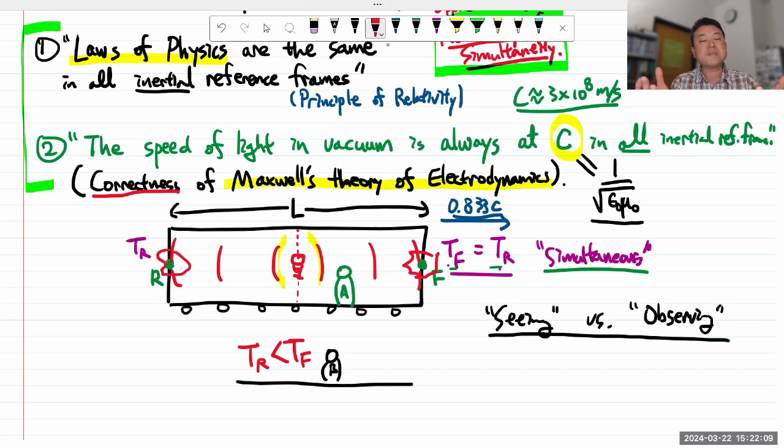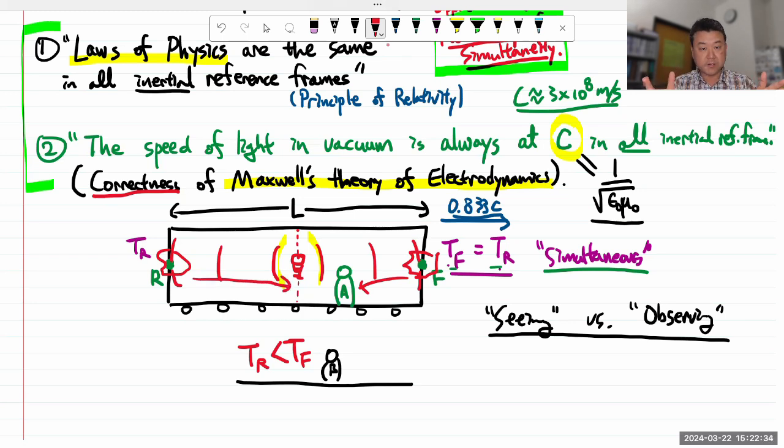But Alice is smart. She's not stupid. She knows that she's closer to the front than the rear. So she knows that when she sees this event happening before, that's happening because I'm closer to it. She knows that when she sees this event happening later, yeah, it's because there's a travel time for the signal. That's why I'm seeing that later.